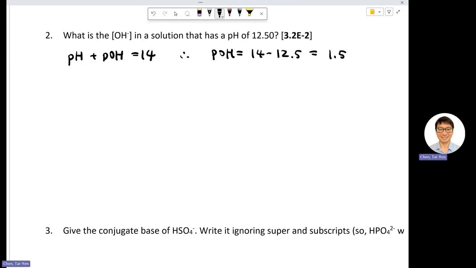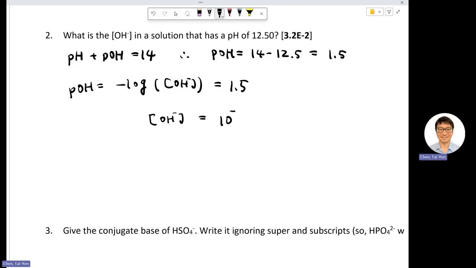We know pOH is defined as negative log of the OH minus concentration, and it equals 1.5. Therefore, my OH minus concentration equals 10 to the negative 1.5.